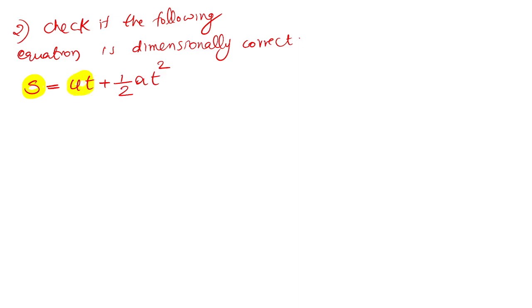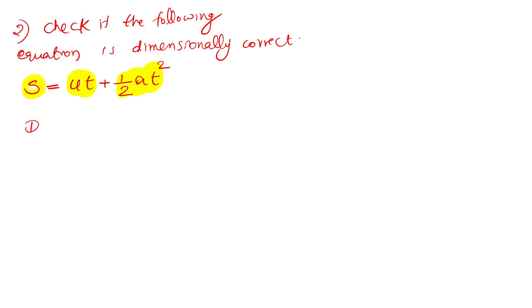If a product is there, consider it as a single term. So these highlighted quantities must have the same dimension. If plus or minus is involved in any formula, each quantity must have the same dimension. Quantities having different dimensions cannot be added.